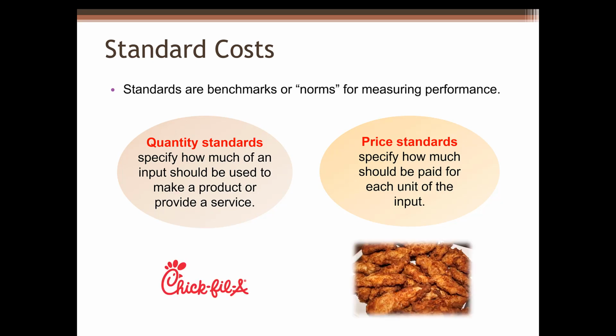For example, in Chick-fil-A, quantity standards are how many chicken wings should be provided in one serving. Price standards. Price standards specify how much should be paid for each unit of input. In Chick-fil-A, price standards are how much should be paid to purchase the raw chicken wings for one serving.